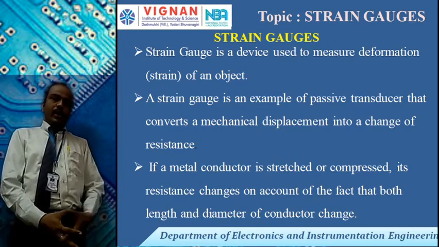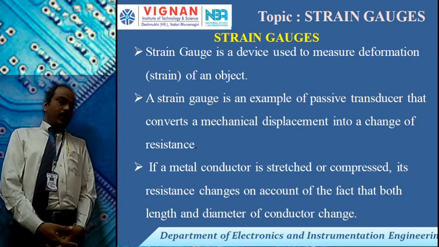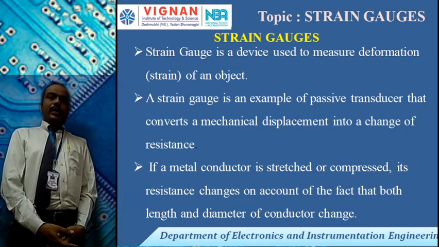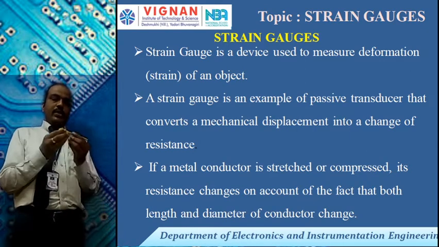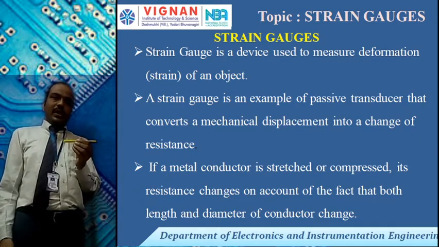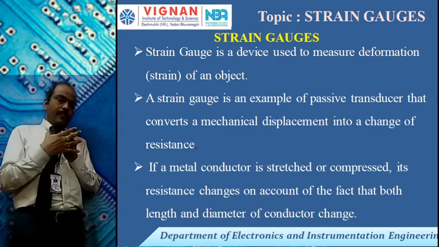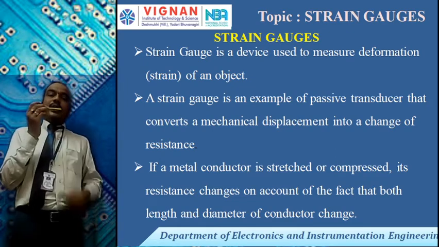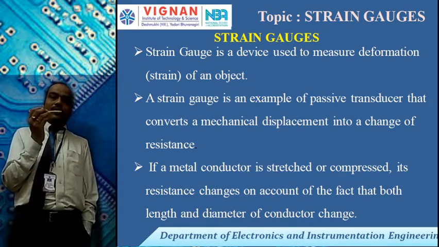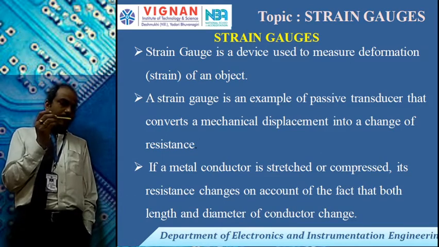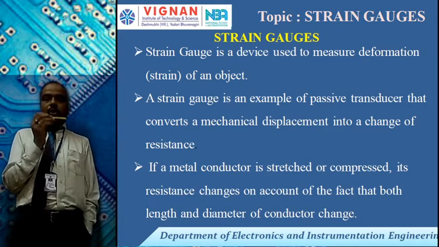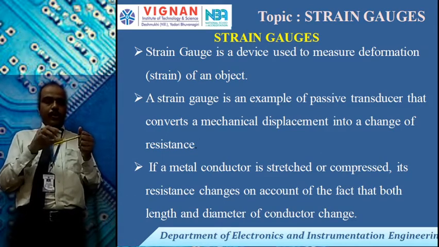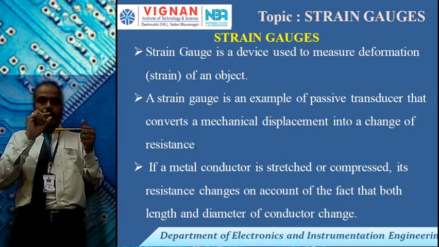So first we will see the main principle of the strain gauge. If a metal conductor is strained, take this as metal, by applying some stretch force or compression force, its resistance changes on account of its change in length and diameter of the conductor. Just now I explained, as you apply the force, the length may increase and the diameter may decrease.